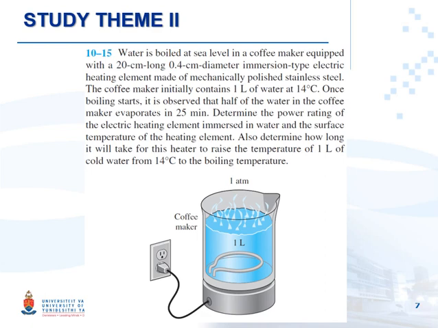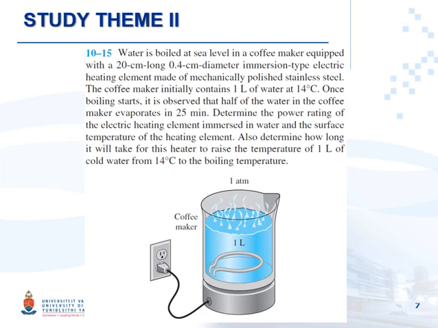So water is boiled at sea level in a coffee maker. The size is given. It's an electric heating element. The volume is given, 1 liter of water. The temperature is 14.